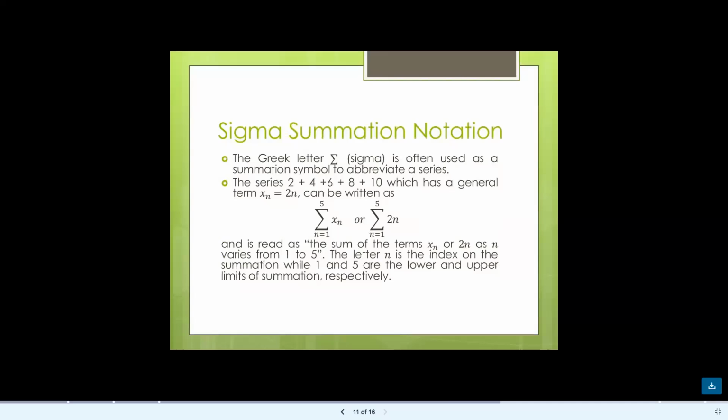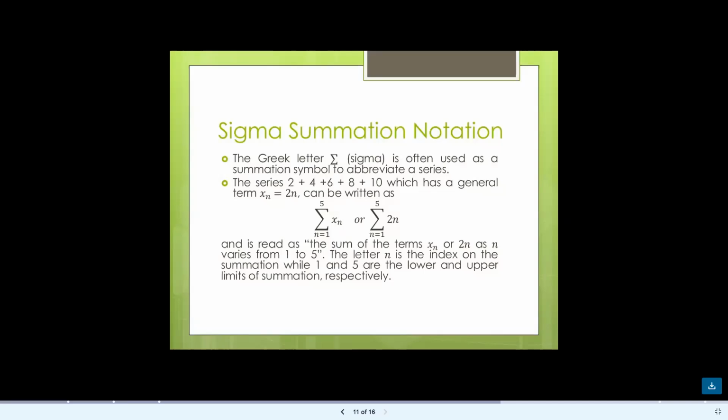Sometimes to indicate the sum of a sequence, we want a more concise way of writing it, right? So this is how we're going to write the summation of 2, 4, 6, 8, 10. We want to write that in a very concise way. We're going to use what we call the sigma. That's a capital letter from the Greek alphabet, right? We borrow it and we're saying that's a summation notation, right?